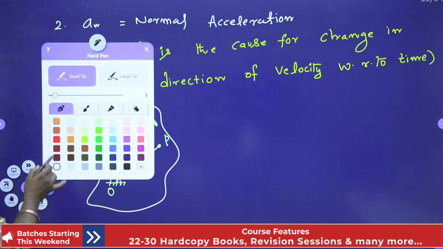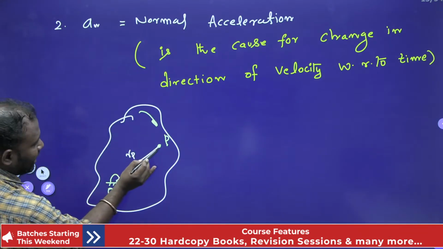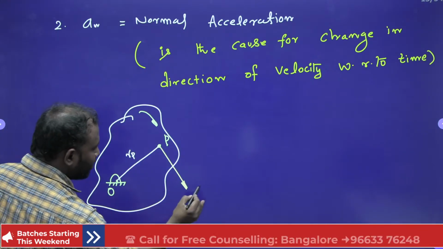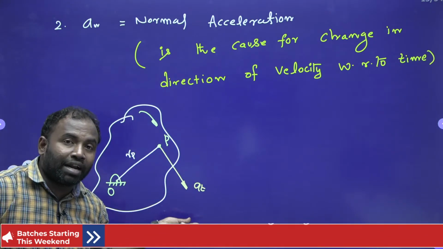Now my angular acceleration, my AT is exactly perpendicular to this radius, like velocity. This is AT, that means the tangential acceleration component.